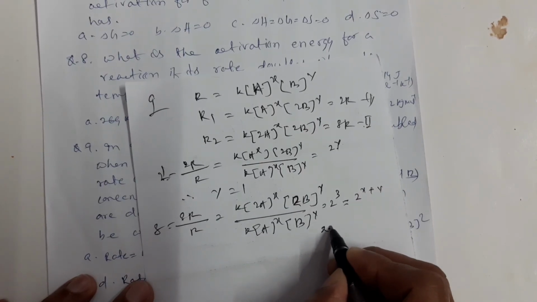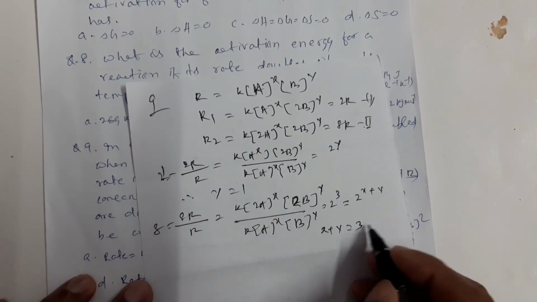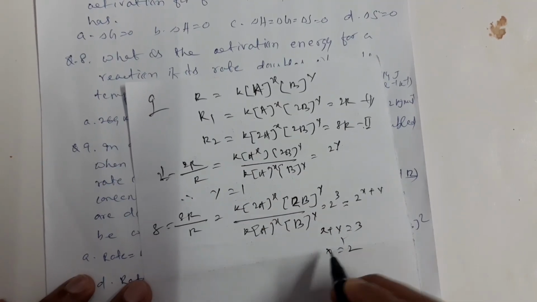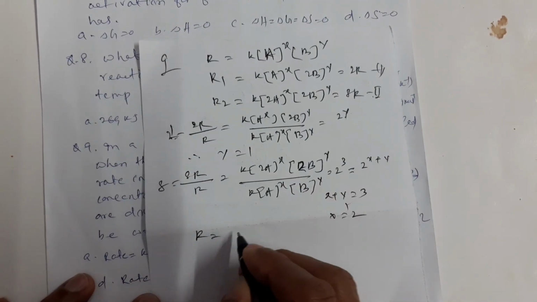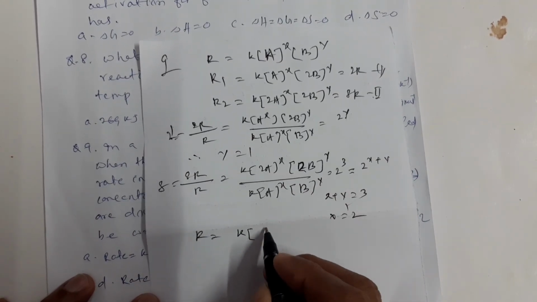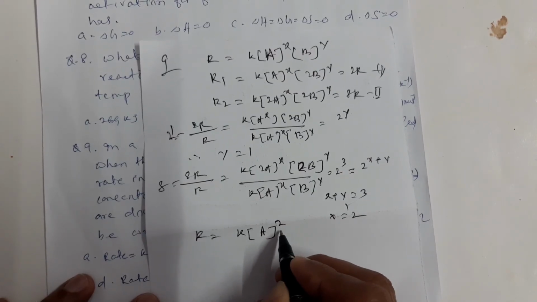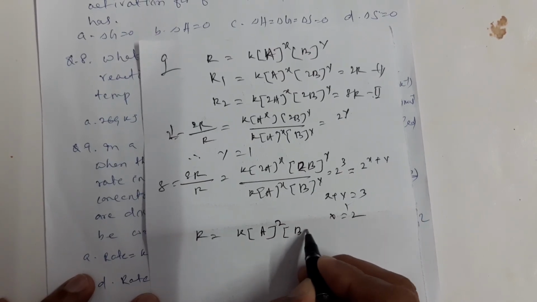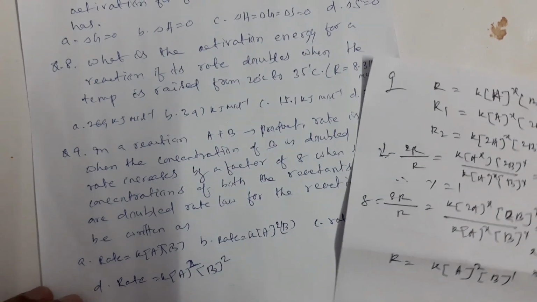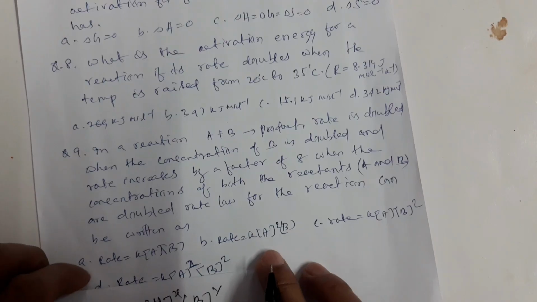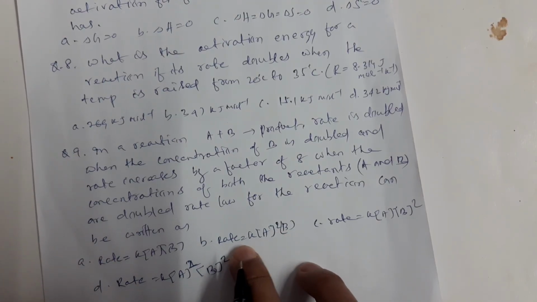So x plus y is equal to 3. y, you know, is 1. So x is equal to 2. So the equation can be written as R is equal to K A to the power 2 and B to the power 1. So this is rate A to the power 2, B to the power 1. So B is the correct answer.